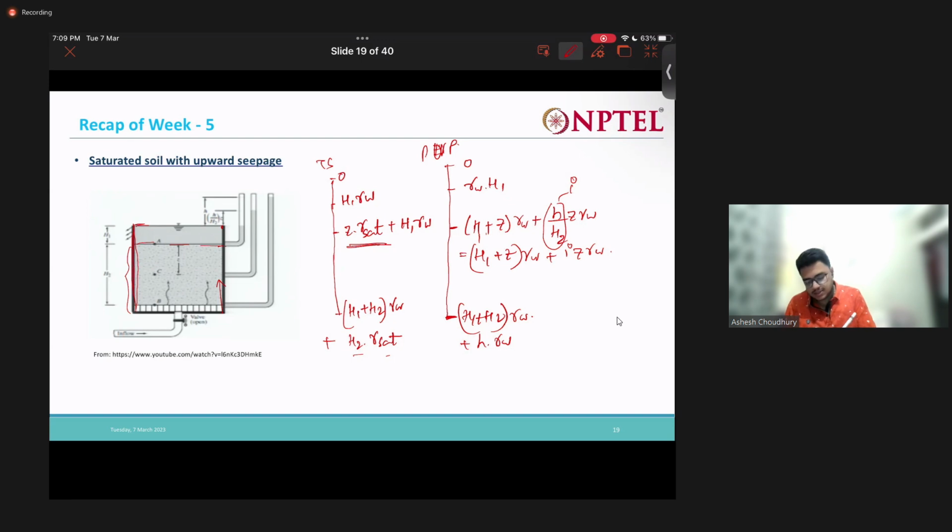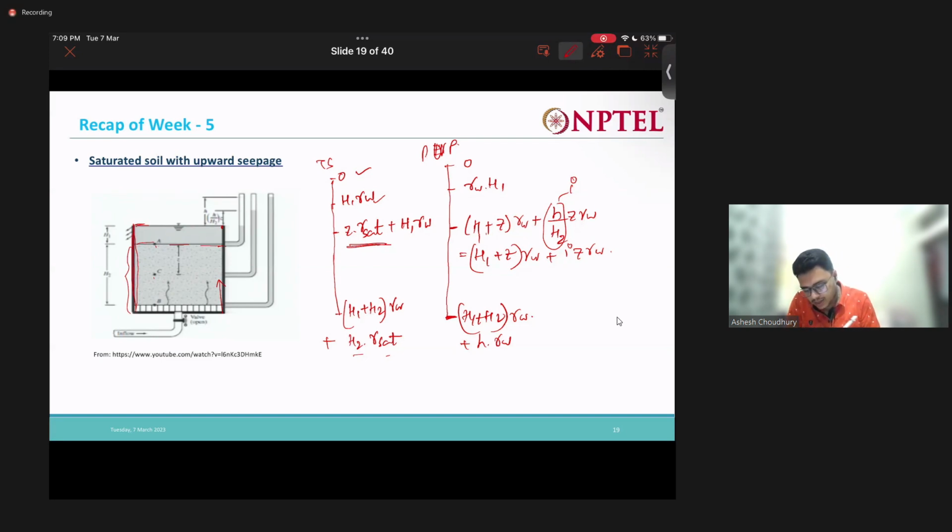See, total stress here at the top is 0. At the point A, it's nothing but H1 into gamma W. This is clear. Now for this C point, what will be the total stress?